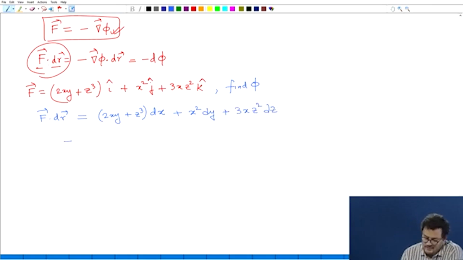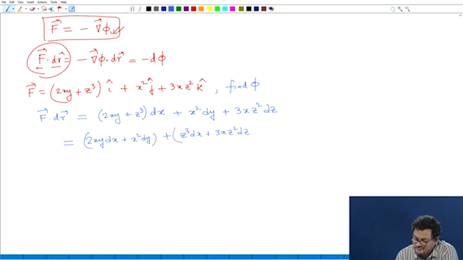Okay. Now, this is something like your high school exercise in casting differential expressions as exact differentials. If I take 2xy dx plus x square dy aside, and then take z cube dx plus 3x z square dz separately, then in the first part I can see that 2x dx is nothing but d of x square, so y is there, and then x square dy.